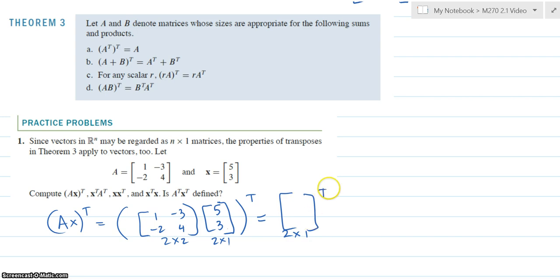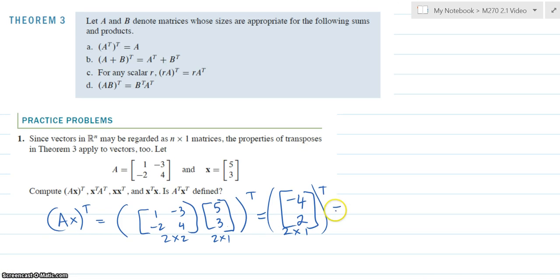We still haven't transposed it though. We'll do that after. So this would be just a matrix times a vector. We've done that before, so that's 5 and a -9. And then the next one would be -10 plus 12. So if you transpose that, then it would become a 1 by 2. And the rows are the columns and the columns are the rows. So you would get a -4 and a 2.